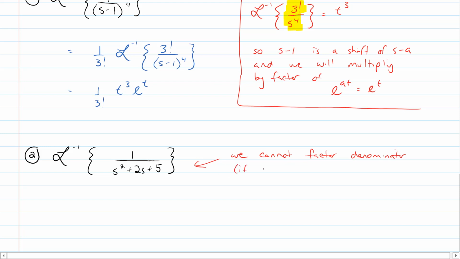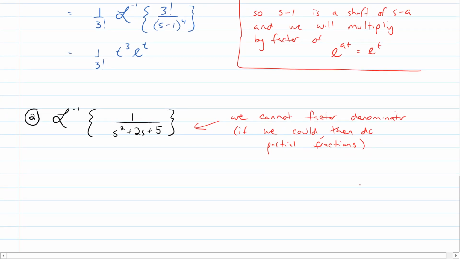If we could, then we would do partial fractions. So what we're going to do instead is complete the square.